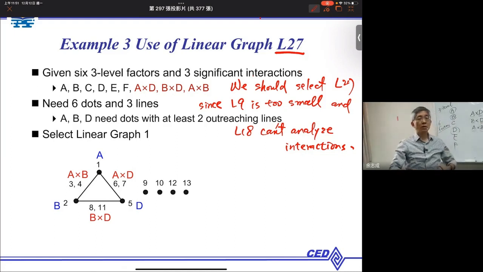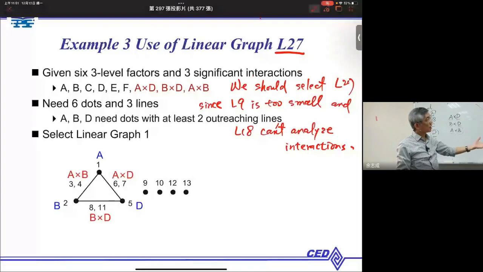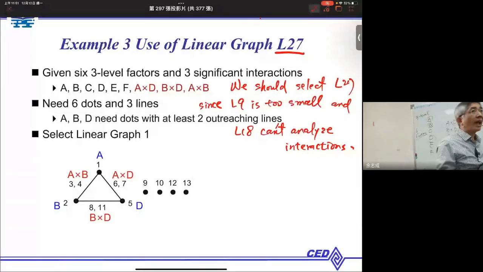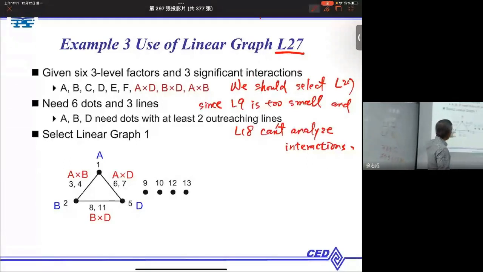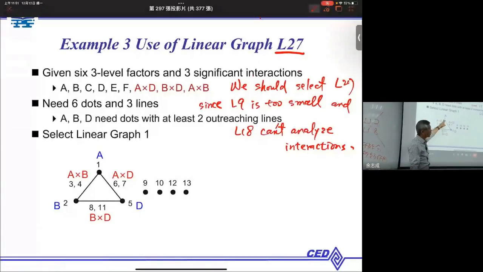How can we assign factors C, E, and F? Simple. Any place with a seat, and the seat is empty. Because C, E, F have no interactions. Therefore, any seat will be okay. Unlike A, B, D, they are picky. They need a seat with 2 lines due to the consideration of the interaction.